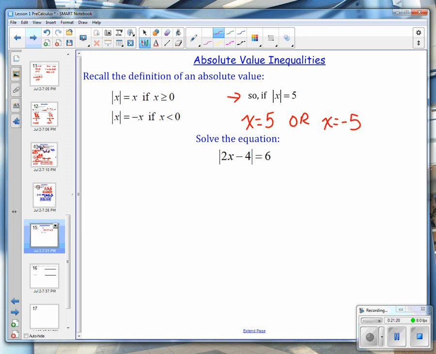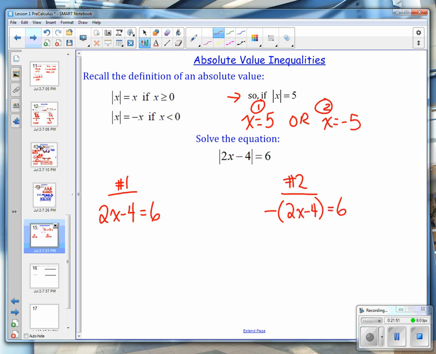So how do we solve these equations? We've put them in inequalities because it's not necessarily going to be equal to one specific answer. We have to address situation number 1 and situation number 2. So what that means is I'll just literally call it number 1. 2x minus 4 definitely could be equal to 6, or we could also have negative 2x minus 4 is equal to 6.